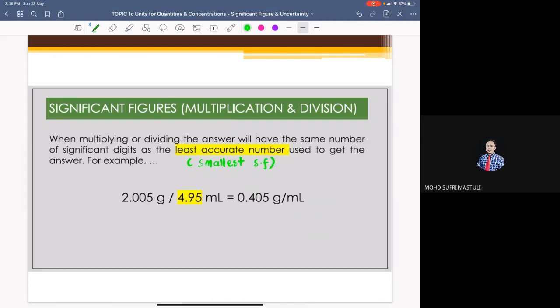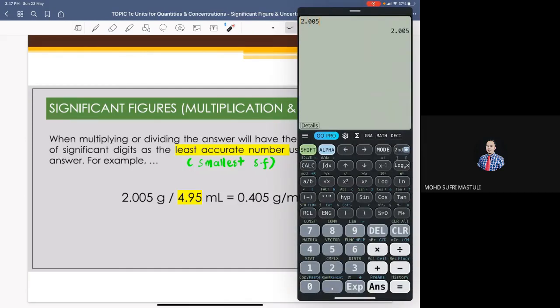So when we divide 2.005 gram by 4.95, we obtain 0.405 gram. 2.005 divided by 4.95, you can obtain 0.4051.